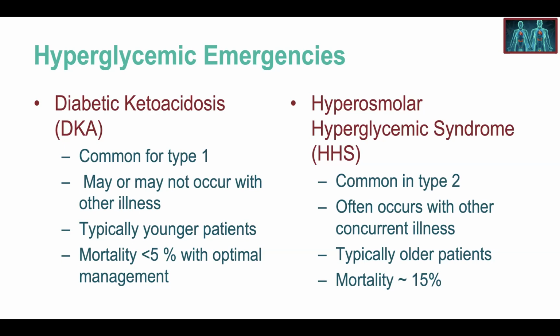So in the Grady protocol, which I think is probably very similar to other people's protocols, when a DKA patient's glucose drops below 250, you add D5-LR at 150 an hour.